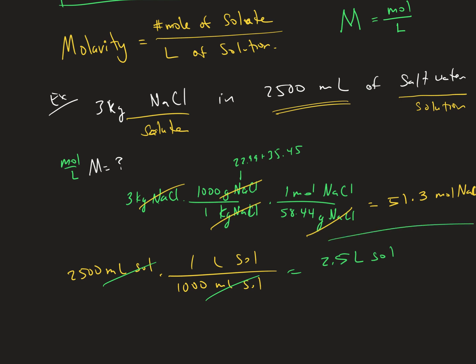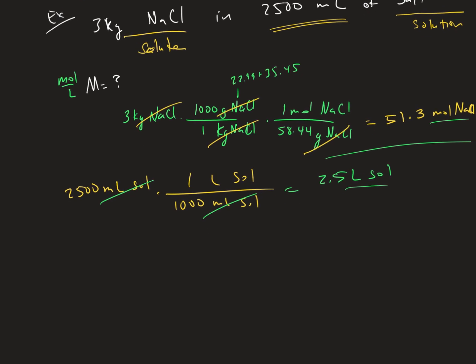Divide them. This is moles of solute, this is liters of solution. That's what concentration is. And we get 20.53 moles per liter, or we can just say this is 20.53 molarity. Good? That makes sense in everybody's mind? Do we have any questions on that so far?